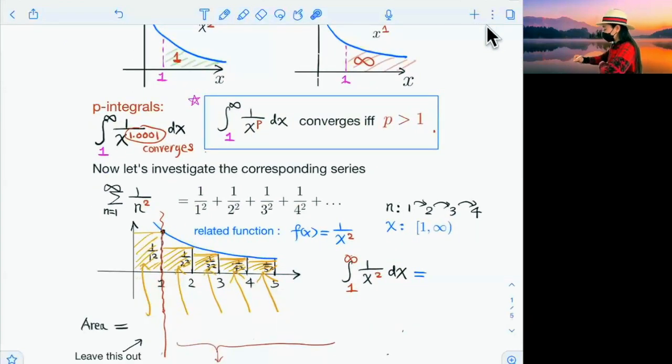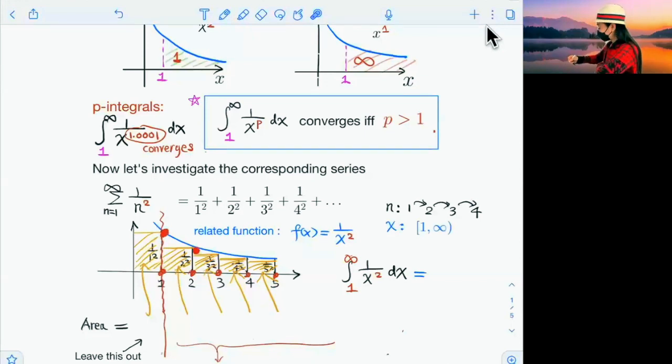Now we're going to let the x value be 1, 2, 3, 4, and 5, etc. The function value at 1 is going to be 1 over 1 squared, which is the y coordinate at this point.